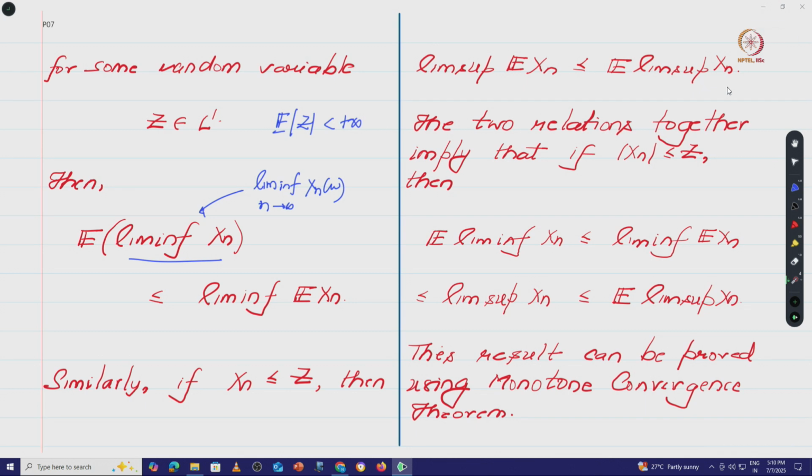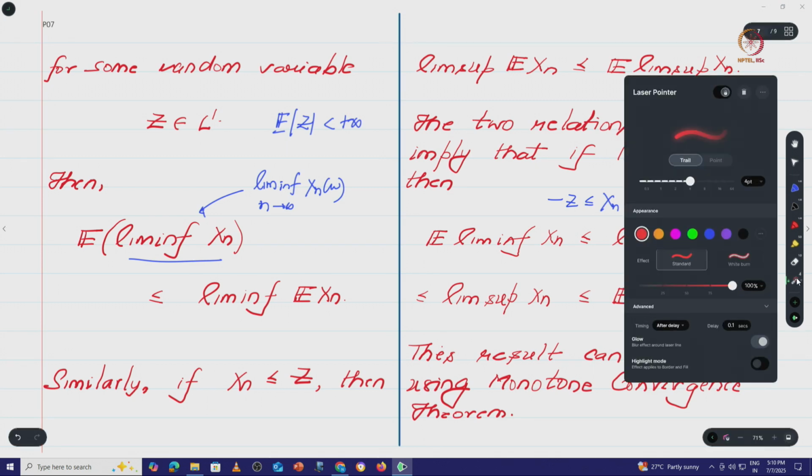If you combine both these relations, suppose the absolute value of xn is upper bounded by z and z is integrable, which implies that minus z is less than or equal to xn is less than or equal to z. This allows us to apply both parts of Fatou's lemma.